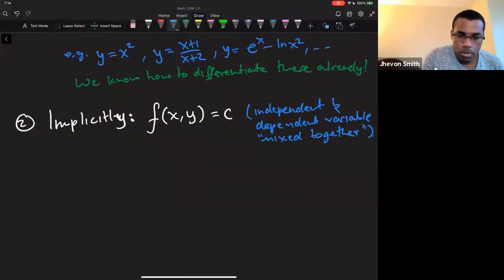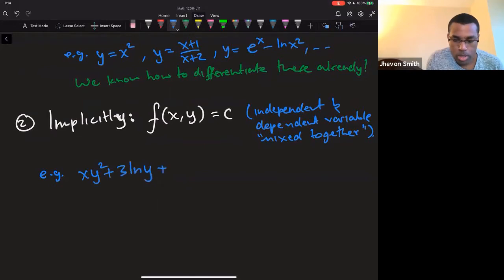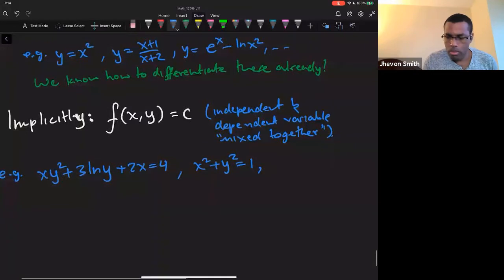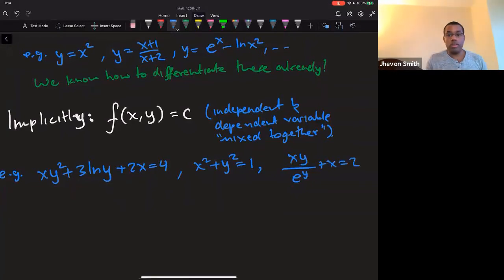So for example, it's like xy squared minus 3 ln y plus 2x equals 4. Or you can have x squared plus y squared equals 1. Or x y over e to the y plus x equals 2 or whatever, right?